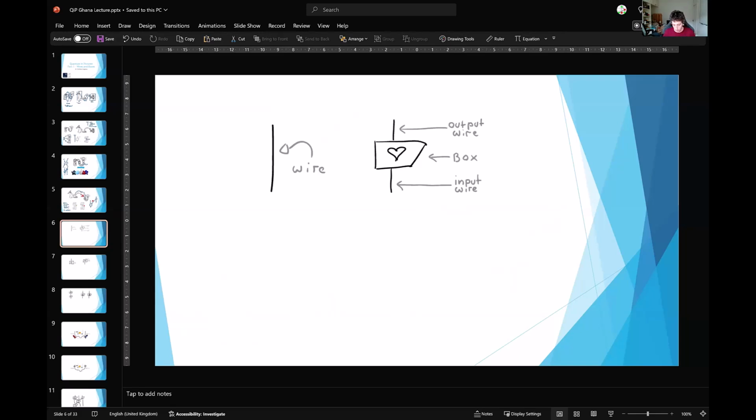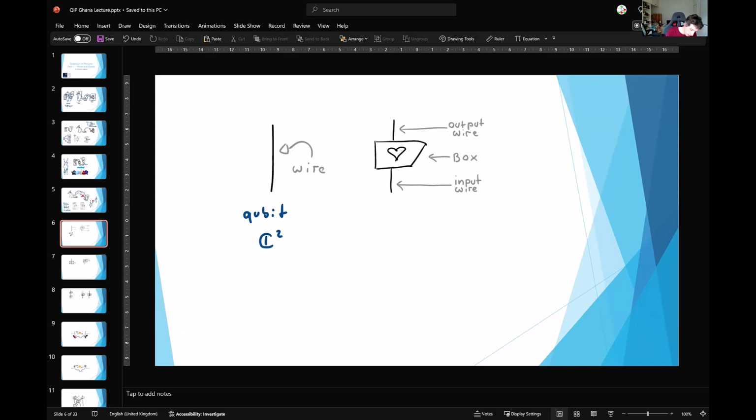So a bit more abstractly, in terms of quantum theory, the more traditional presentation, what is a wire and what is a box? A wire just represents a qubit, really. Or if you want to be a bit more precise, it's a pair of complex numbers. That's what it carries.